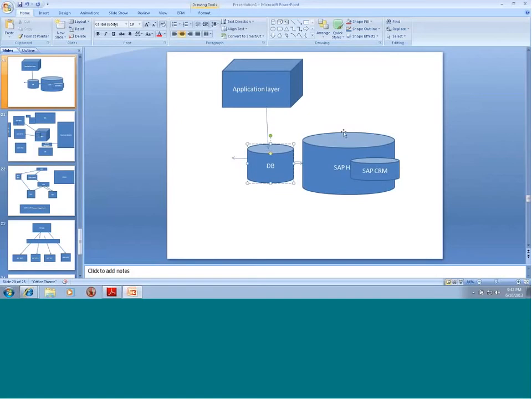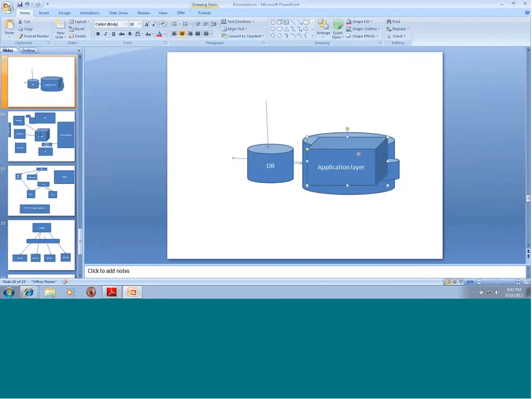But if the application is directly sitting on the HANA database, everything is happening in one place. And when we are using the computing engine that is available in the HANA database, the calculation is done much faster than a regular database. So that is why everybody is moving toward HANA.